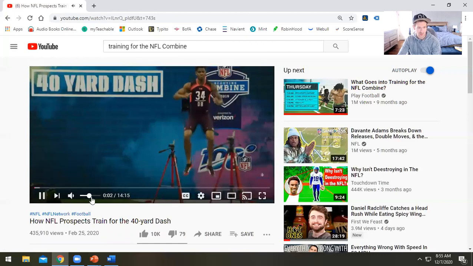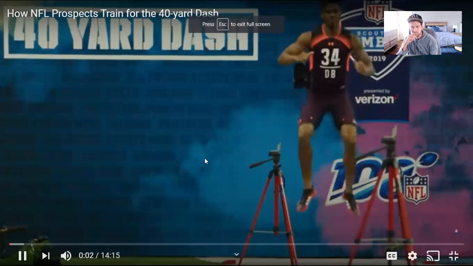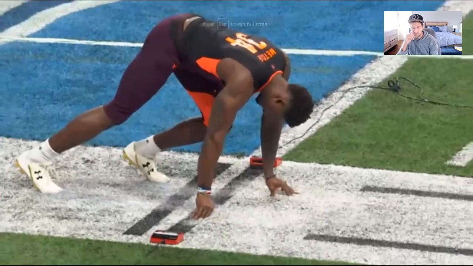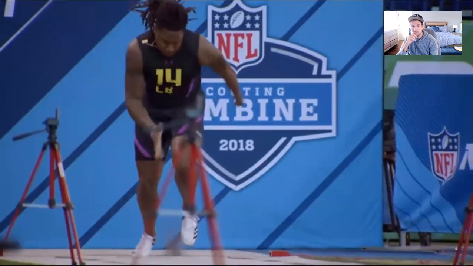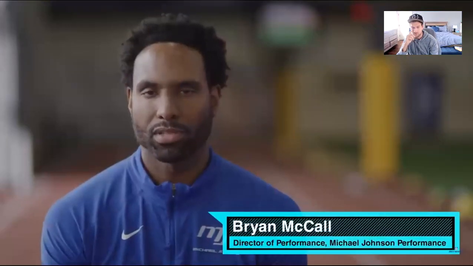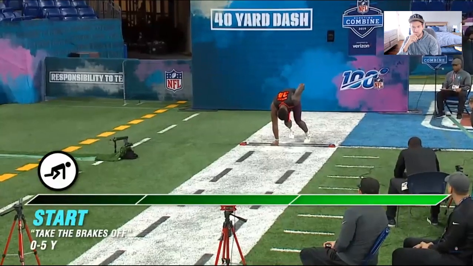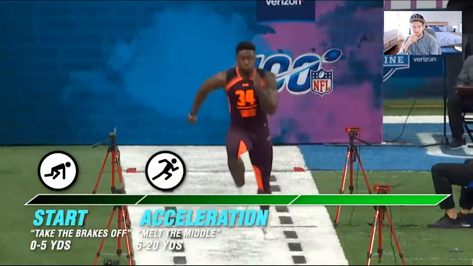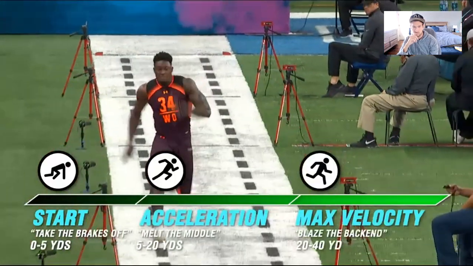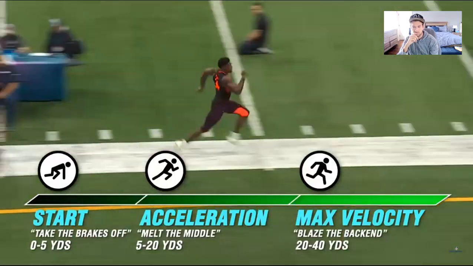You only have two runs for the rest of your career to make sure that you execute and put this on your resume as the best 40 you've ever run in your entire life. I talked to them about taking the brakes off the beginning. So to start, there are no brakes. There are no stops. It's all go. In the middle of the 40, I tell them to melt the middle down. So we're coming in hot like butter. On the back end, we want to blaze the back end, just fire on the back end. So I think that resonates with the guys as they're running through to understand that we have to be fast from the very beginning of the 40.